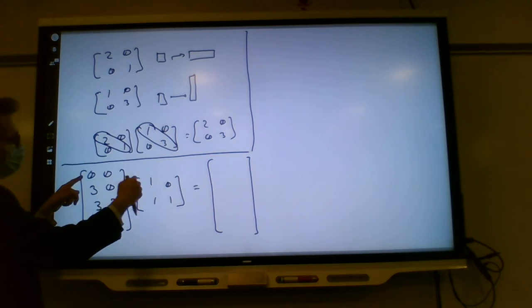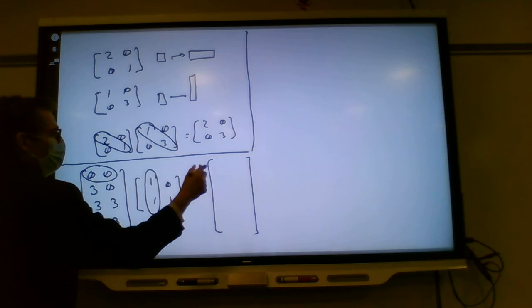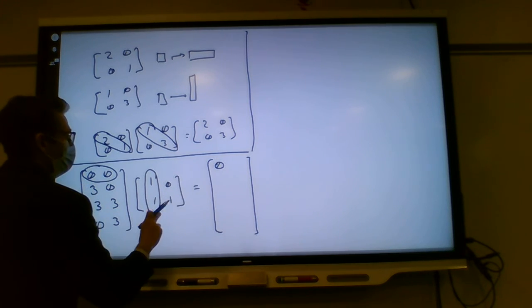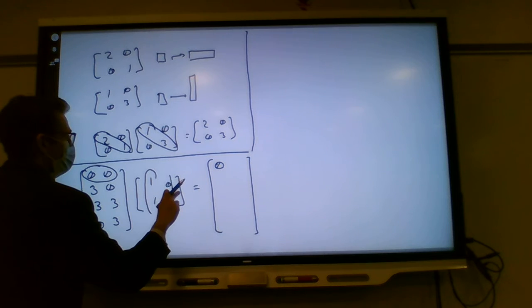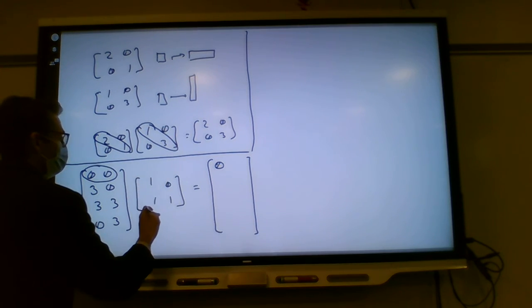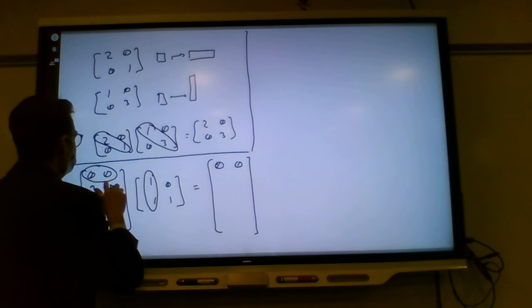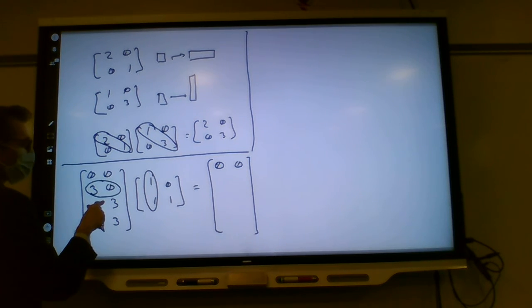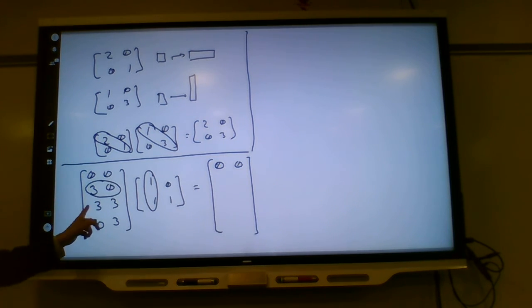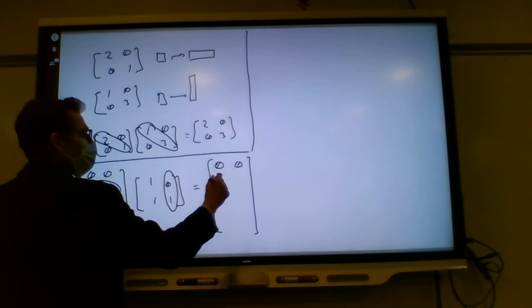So first row, still 0, 0. All right, the origin is always staying fixed in this kind of process. What happens here? 3. That's still 3, 0.